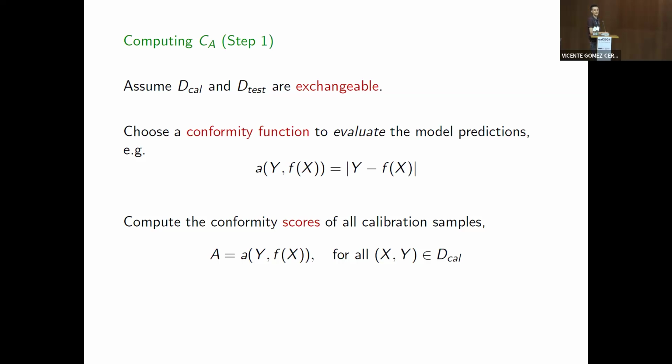It is the most popular conformity function, and I think 90% of work on conformal regression use this conformity function. There is not huge creativity in the conformal prediction literature about conformity functions. In some sense, this is also because we want to produce intervals in the label space, so it makes sense. Okay, but let's pick this conformity function, and we compute the scores for all the data in the calibration set.